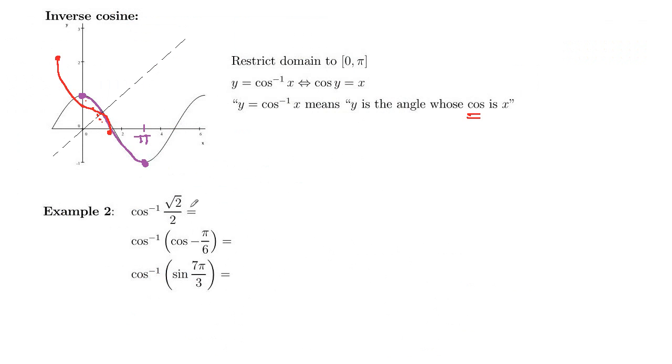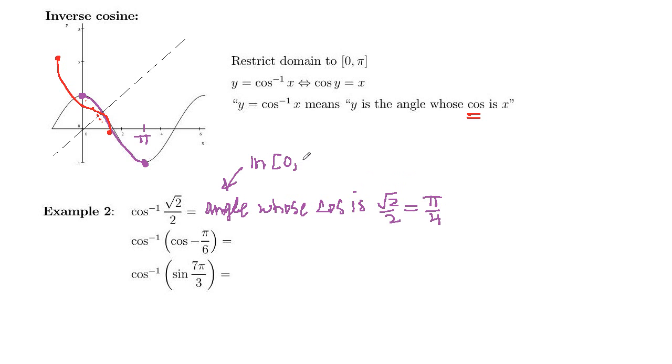So this is the angle whose cosine is root 2 over 2, and that angle is pi over 4. It's the angle in the range 0 to pi. Okay.